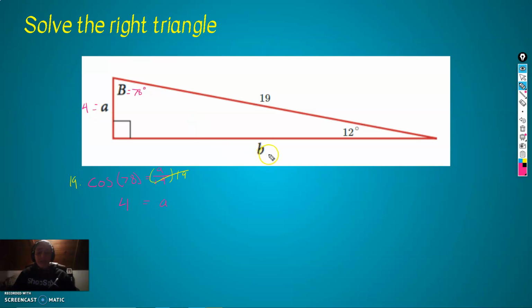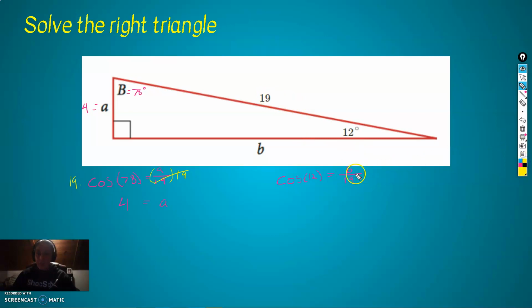Okay, now I need to solve B. I could use Pythagorean theorem, but I'm going to use trigonometry instead. I'm going to use the 12-degree angle here, in which case I again have an adjacent because it's touching, an adjacent and a hypotenuse, so I'm going to use cosine again. So now cosine of 12 is equal to its adjacent side, which in this case is B, over the hypotenuse, which is still 19.